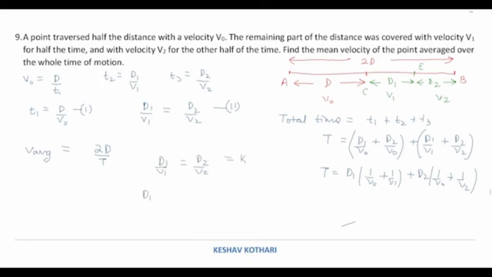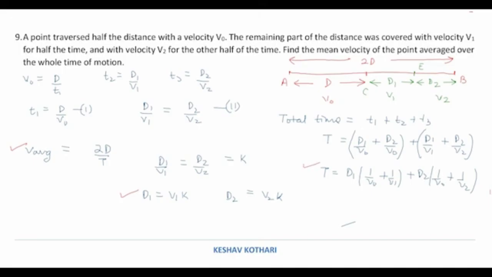So d1 can be written as v1 k and d2 can be written as v2 k. So if we substitute all the calculated equations, this is the v average equation, we are going to substitute to get our answer in terms of the velocities v1, v2 and v0.